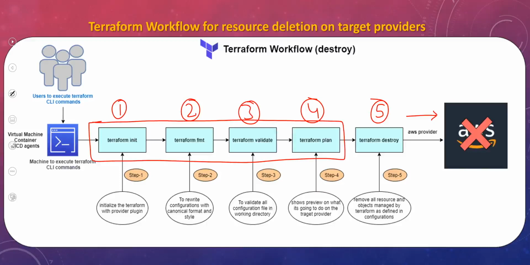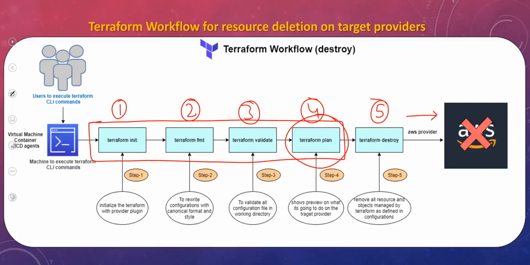So this is the flow. All these are the same. You will do some modifications, run Terraform init, Terraform fmt, Terraform validate, Terraform plan, and in the plan it will let you know what resources it is going to delete. If you are okay with that, then you can run the Terraform destroy command, which will destroy the resource on the target provider.